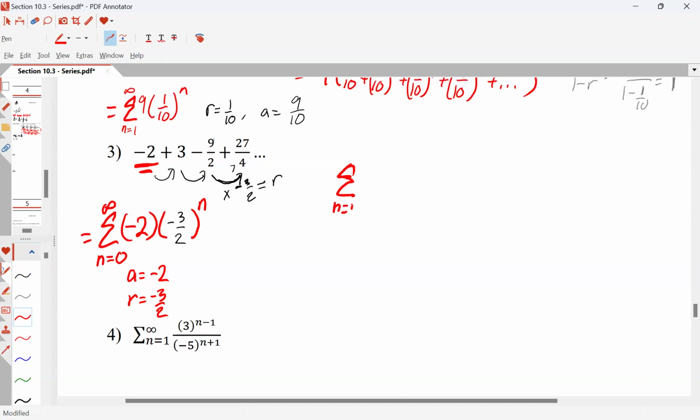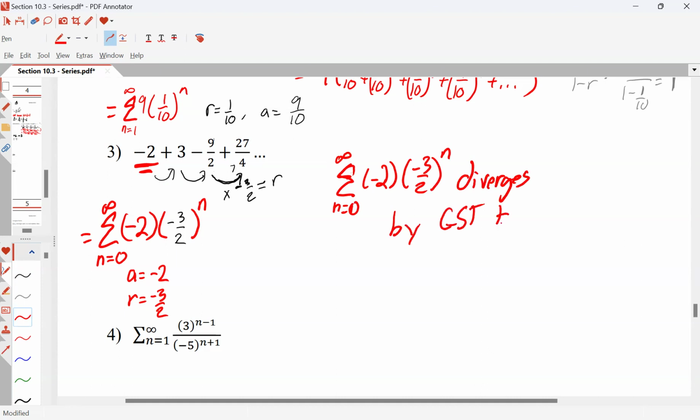And actually the series n equals 0 to infinity of -2 times -3/2 to the n diverges by the geometric series test because the absolute value of r, which is equal to the absolute value of -3/2, is greater than 1. So this series actually diverges, so there is no value we're finding it to diverge to.